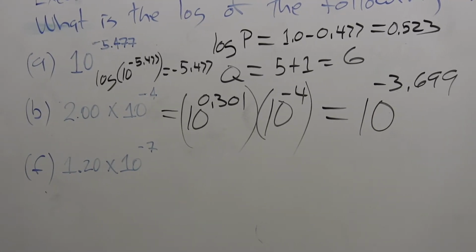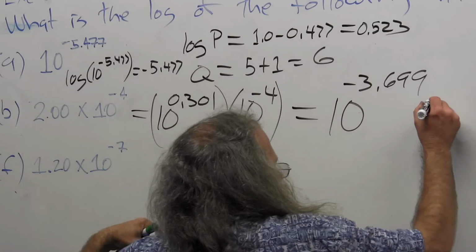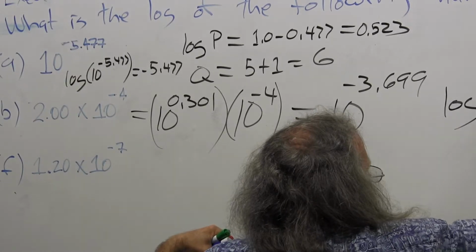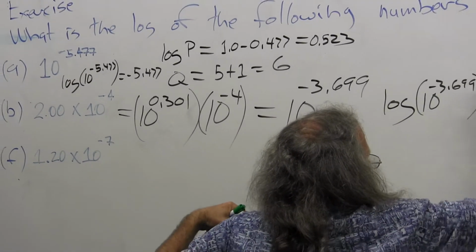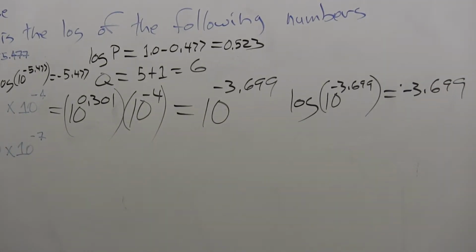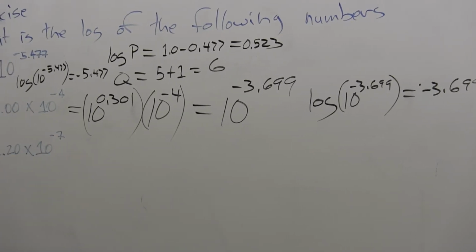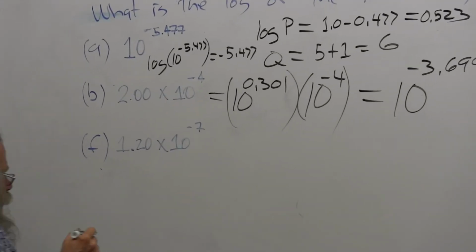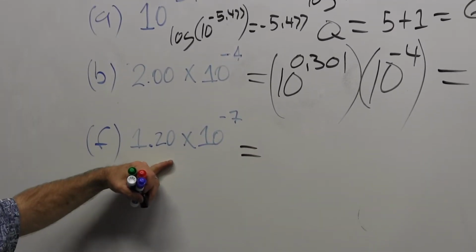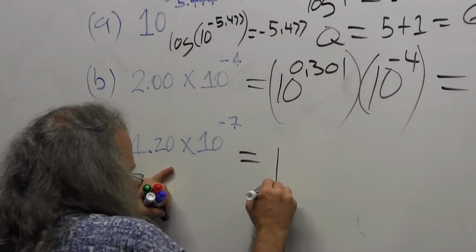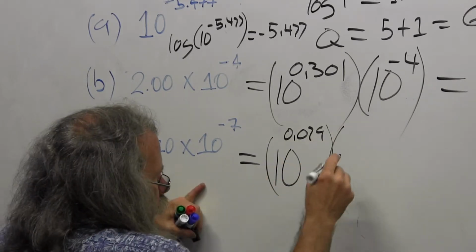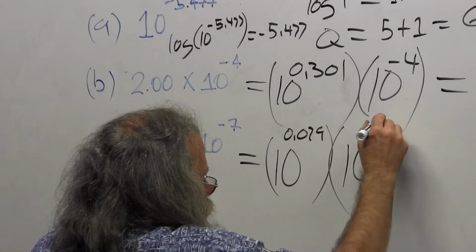Okay? And so then the log of 10 to the minus 3.699 is equal to minus 3.699. Okay. Now we're on a roll. Now I have 1.2 times 10 to the minus 7th. I'm going to have to find, we've already found the log of 1.2 in the previous problem. So that's equal to 10 to the 0.079 times 10 to the minus 7.